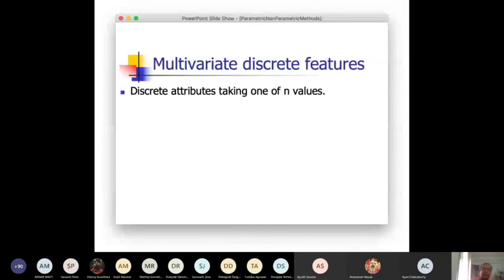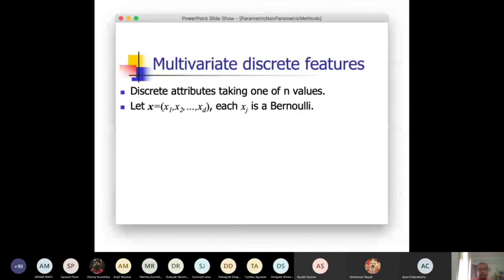Now, if I consider a discrete random variable in a multidimensional space, which means you have discrete attributes taking one of n values, and if I assume that each process is a Bernoulli, in that case it is two values. In that case, we are assuming the binary case of the Bernoulli process.